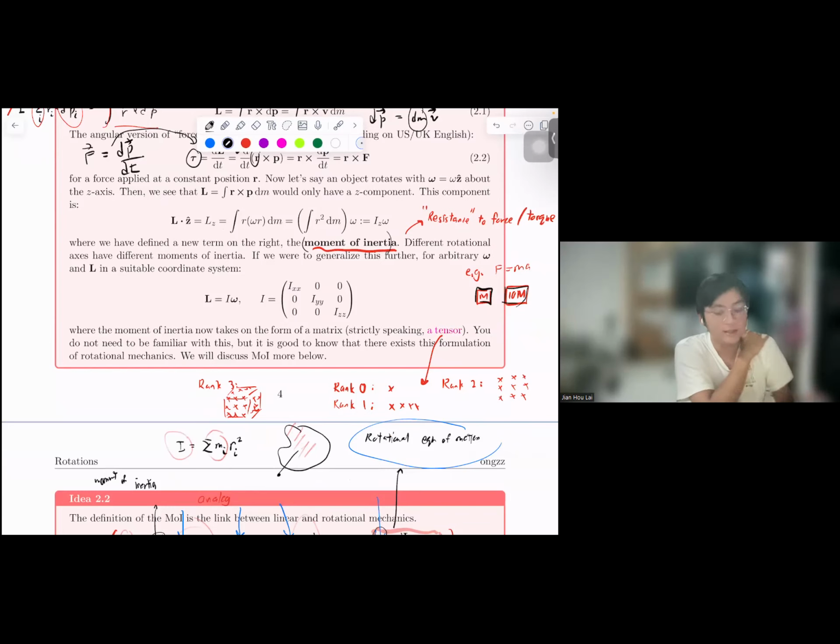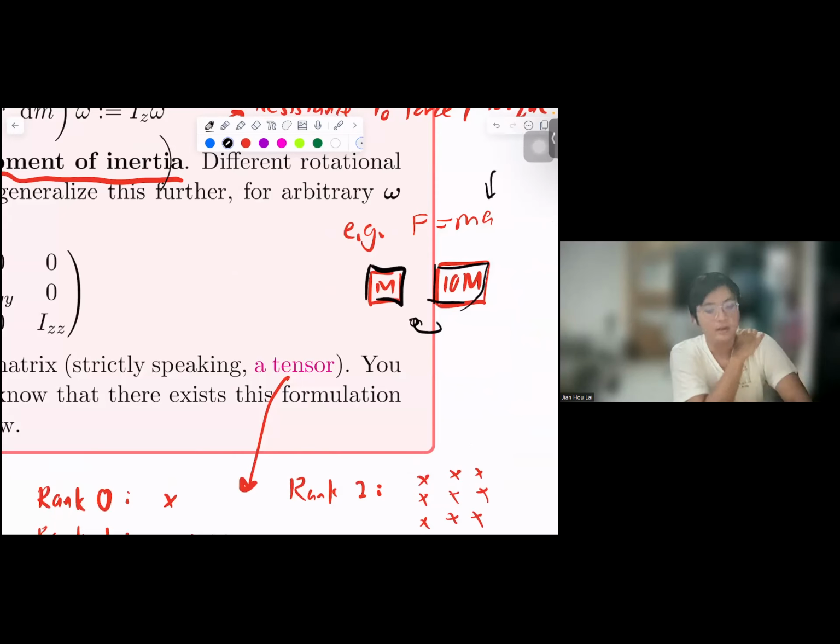If you want to achieve the same acceleration, with A a constant, you need 10 times bigger force for this object.